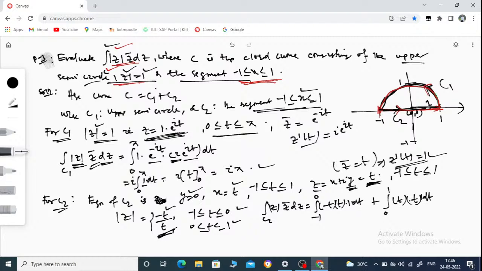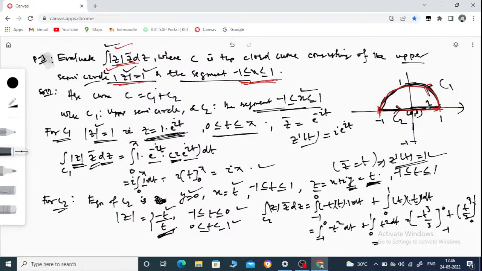Now you just take its integration. This is -1 to 0 minus t square dt, and then 0 to 1 t square dt. The integration of minus t square is minus t cube by 3 from -1 to 0, and t cube by 3 from 0 to 1.